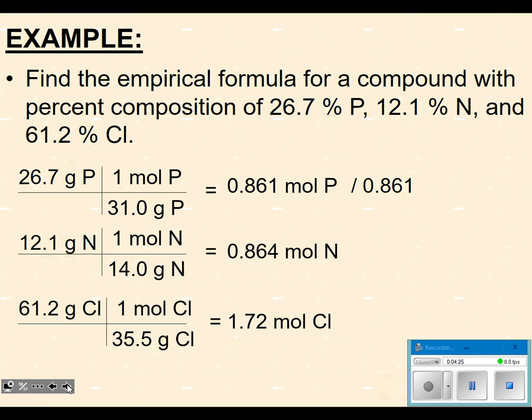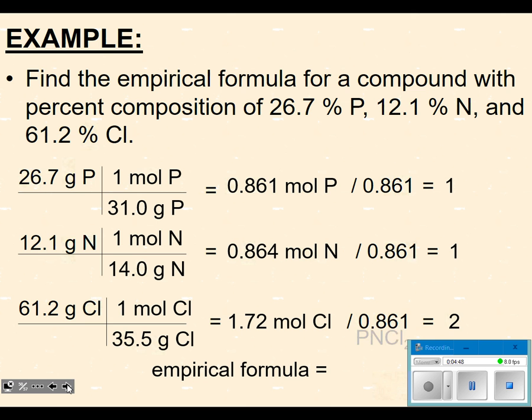We've taken the percentage and changed it to mass, and the mass to moles. Now we need to divide by the small. So 0.861 is the small, we divide everything by that, and we end up with 1, 1, and 2. So the empirical formula for this is going to be PNCl2.